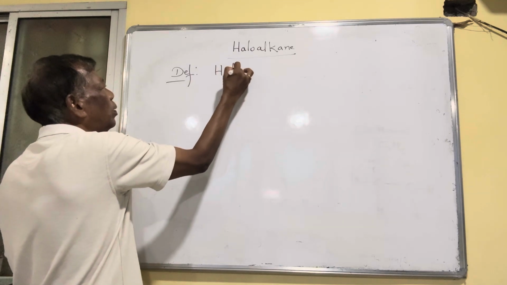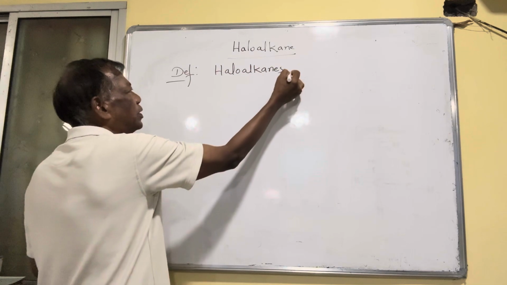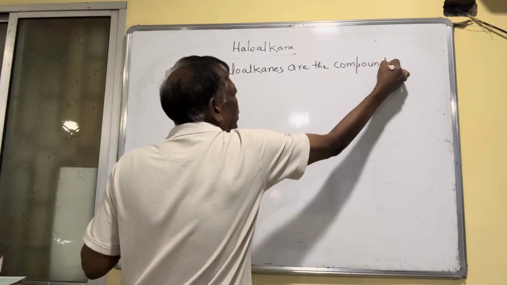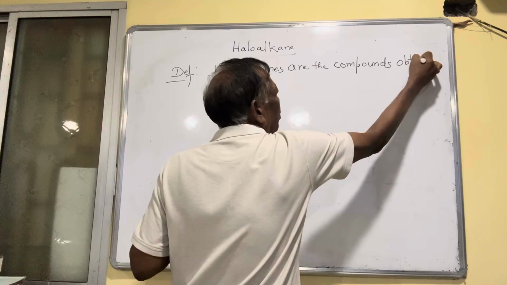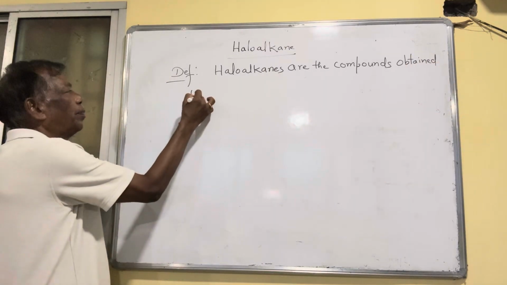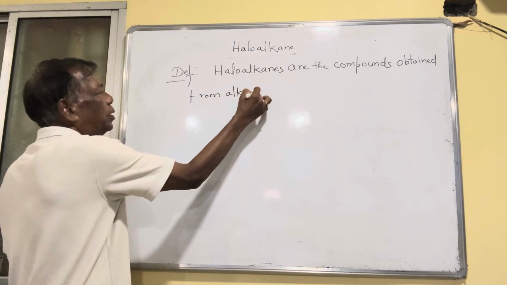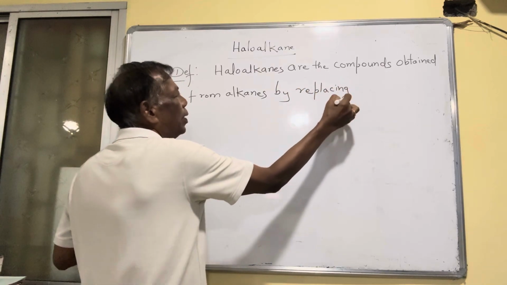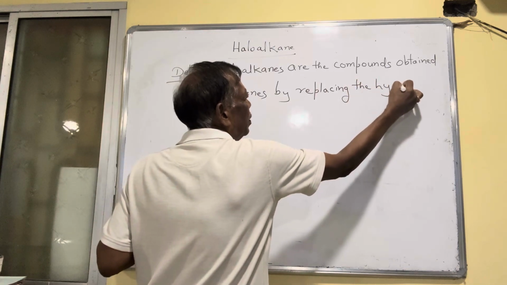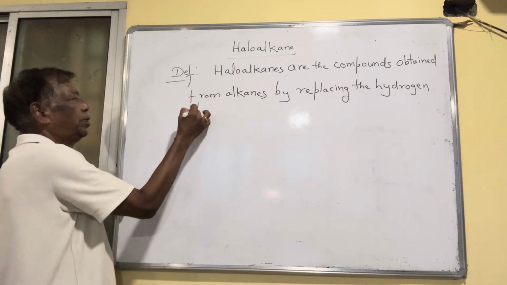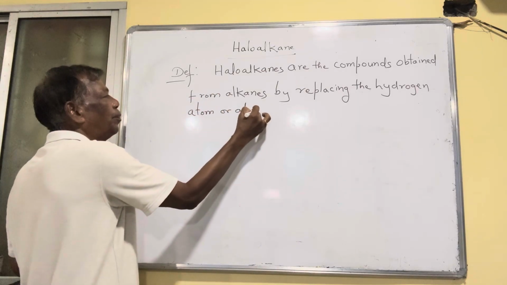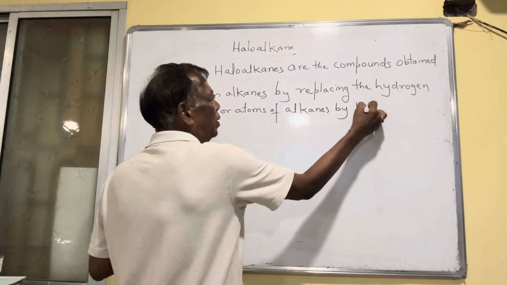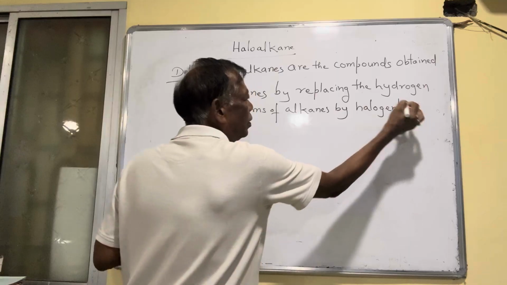Haloalkanes are the compounds, actually we can say derivatives, obtained from alkanes by replacing the hydrogen atom or atoms of alkane by halogen or halogens.